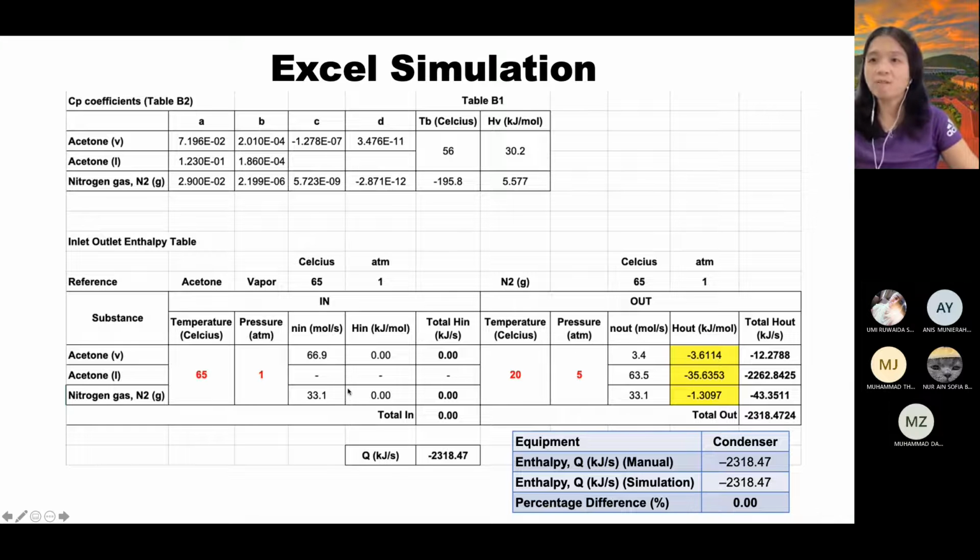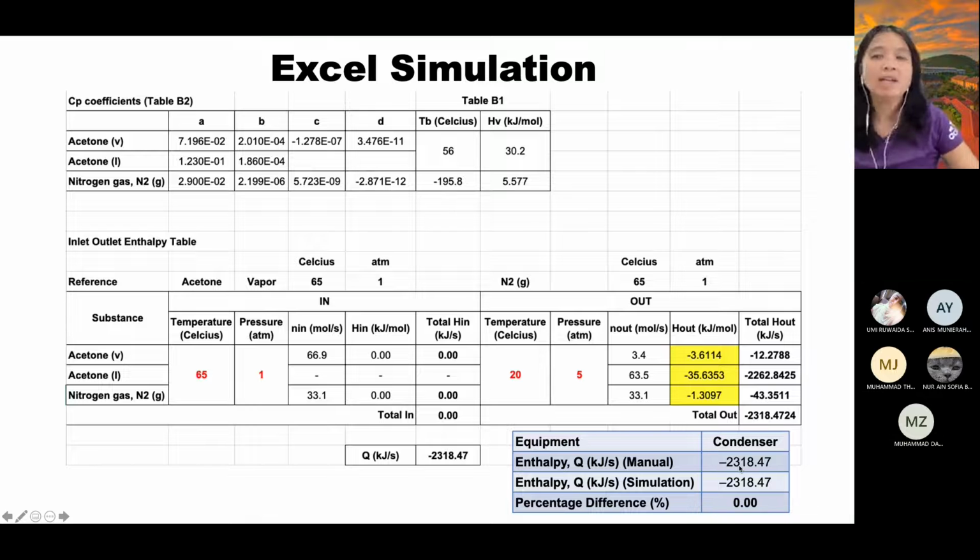Alright, then the molar flow rate. And then you will do the calculation, where the H out is your calculation, where you have to key in the formula. Okay, I did not show it in my slide. I give you the example of the Excel for you to understand how to type the formula in Excel. And then once you have done the calculation, you have to compare the manual and simulation one, meaning the one using Excel.